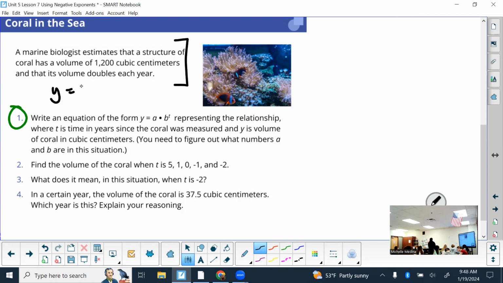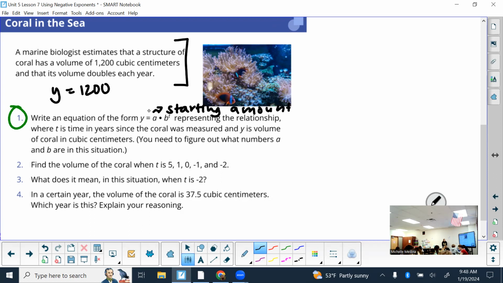Because a stands for what in exponential functions class? Your starting amount. So whatever situation they give you, they usually tell you what you're solving for. We're solving for the amount of coral in t years. So how much coral did I start with? 1,200. So there's that, starting amount of a.